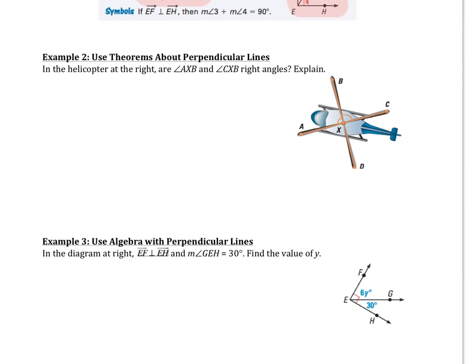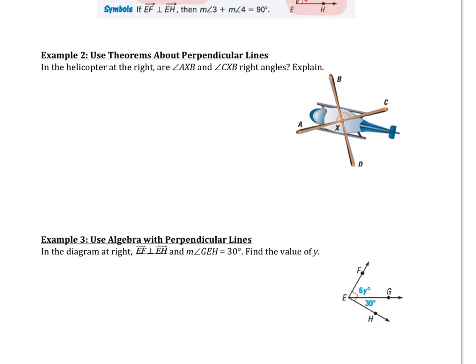Okay, so we're going to do some examples. In the helicopter, angle AXB is congruent, there's a little indicator, to BAC.